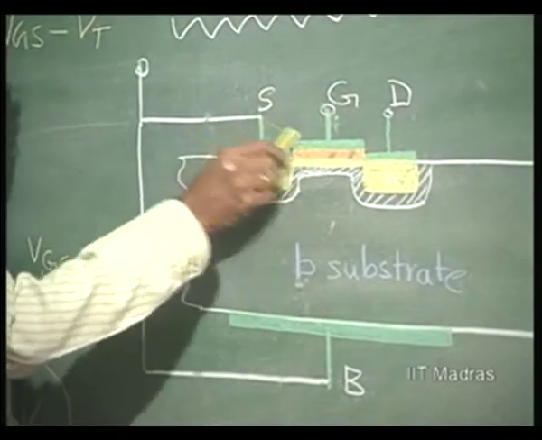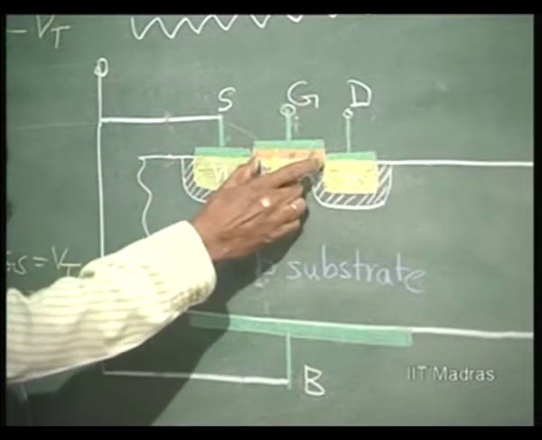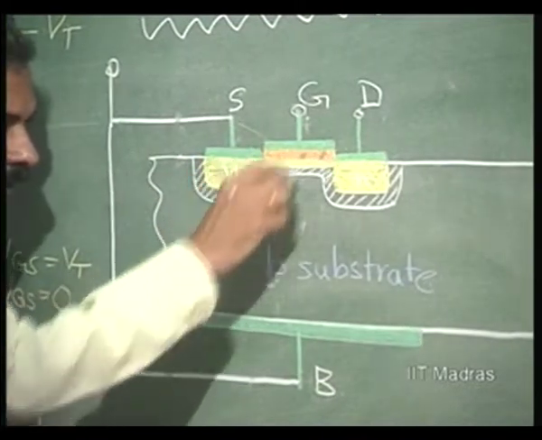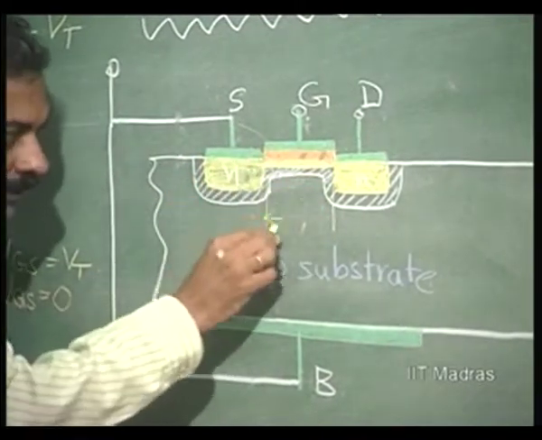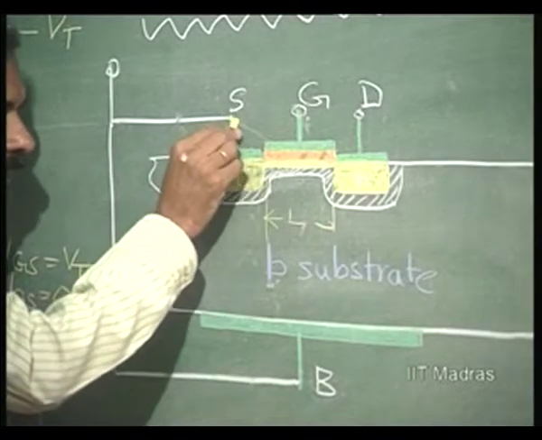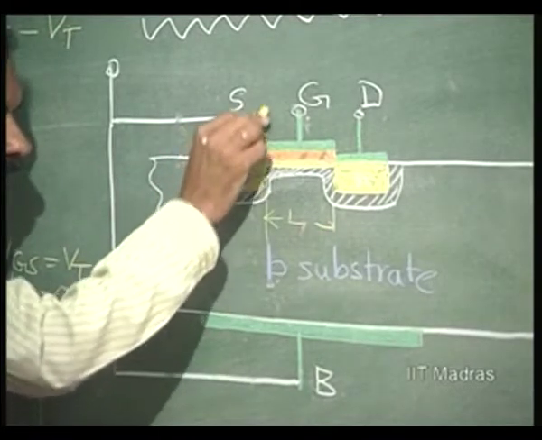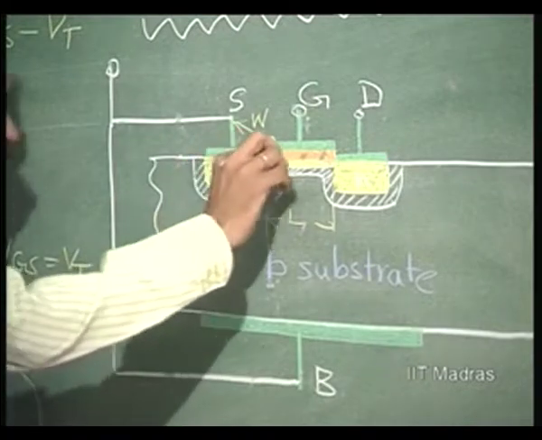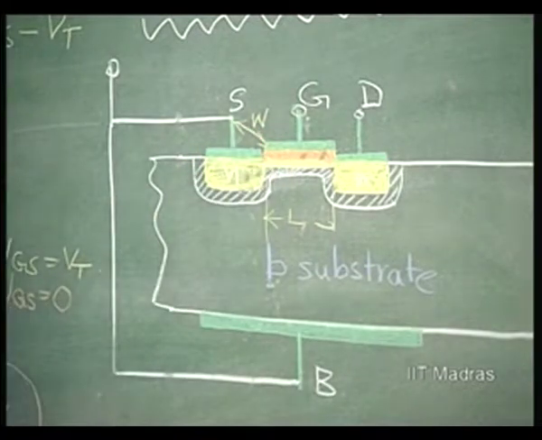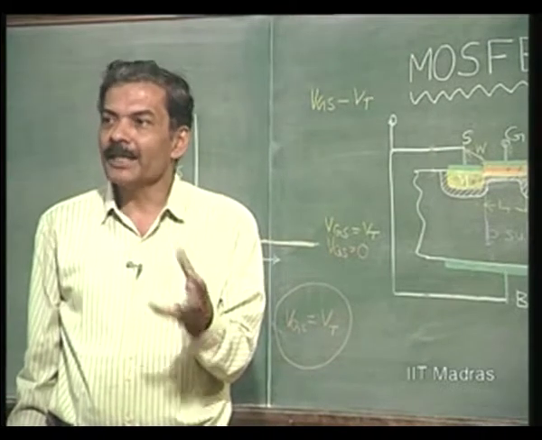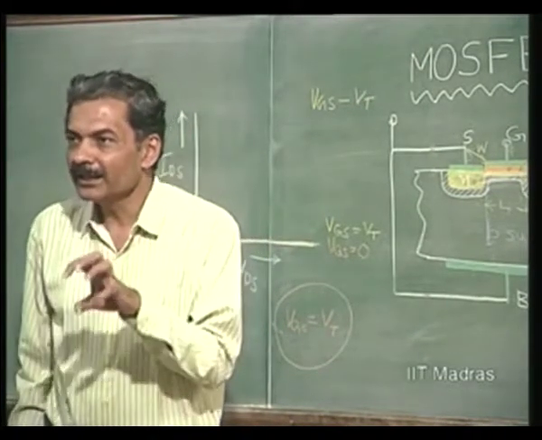The channel length is in this direction, the width is in this direction, and there is a certain depth determined by what voltage you are applying in excess of VT to the gate.